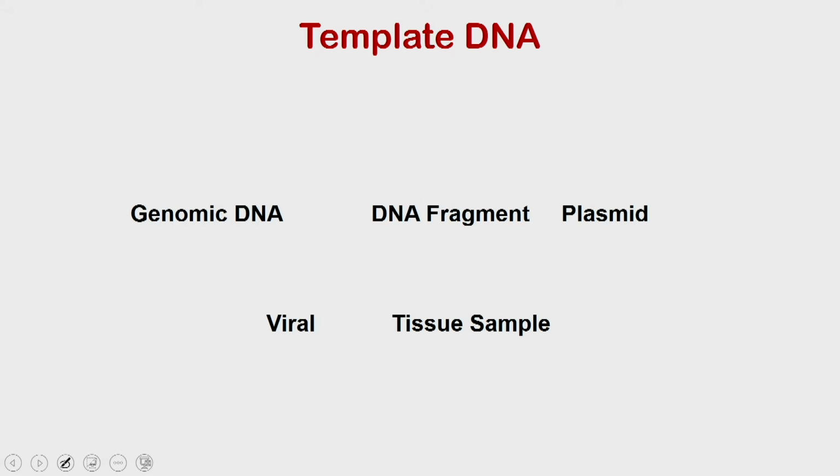The template DNA, as we discussed in the previous lecture, could be genomic DNA fragments which you can isolate from the environment as well as from biological samples. You can use plasmids, recombinant DNA, viruses, or tissue samples.